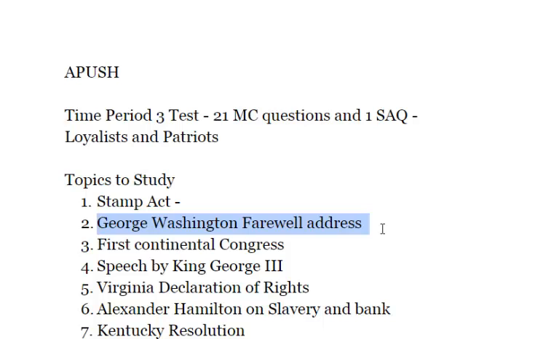He was very much against the idea of political parties. He believed that it was very important for the United States to avoid international conflict. He wanted the United States to work on the United States, and not worry about what other people are saying abroad about them. So, just 2 questions on George Washington and his farewell address.